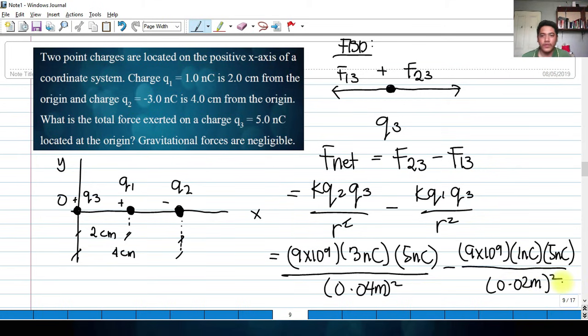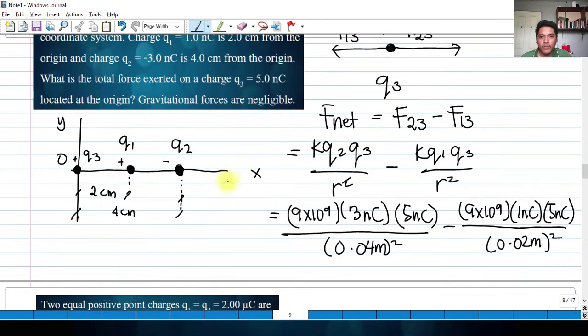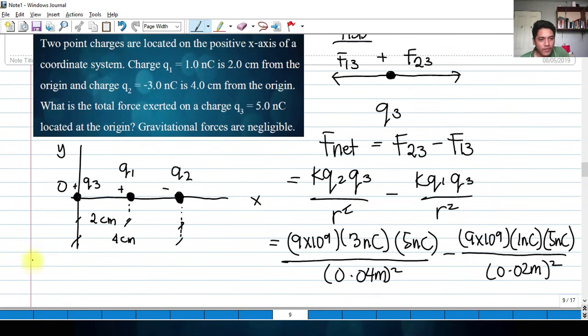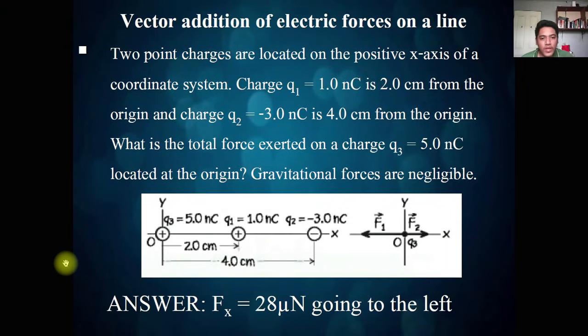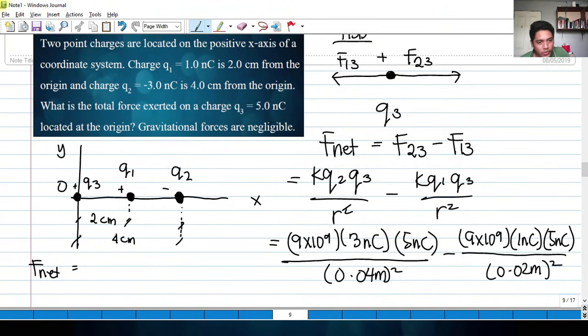Upon computing that, we shall have a net force of 28 micronewton going left. If you compute this, your answer would be negative 28 micronewton.